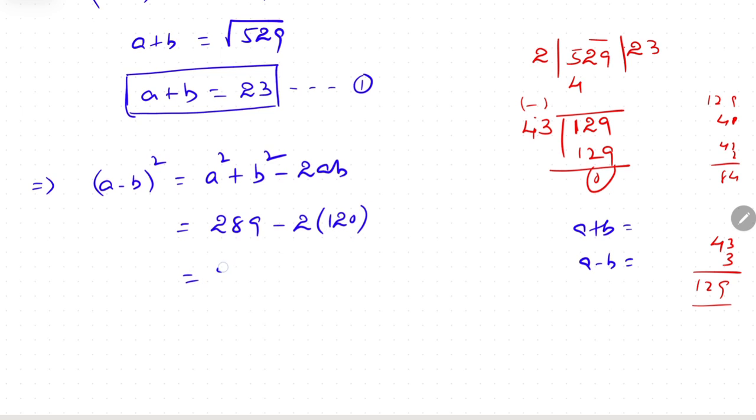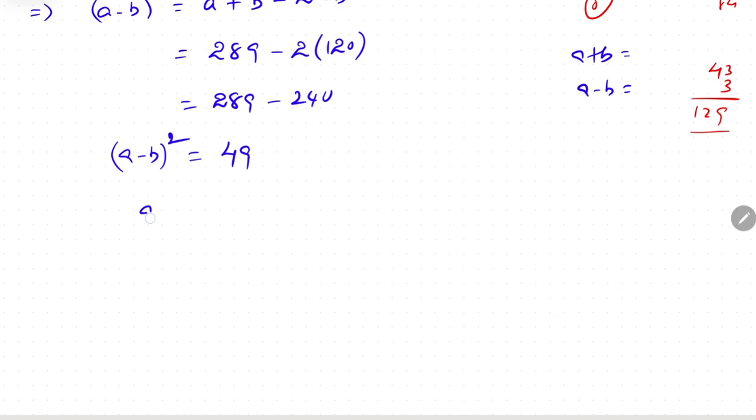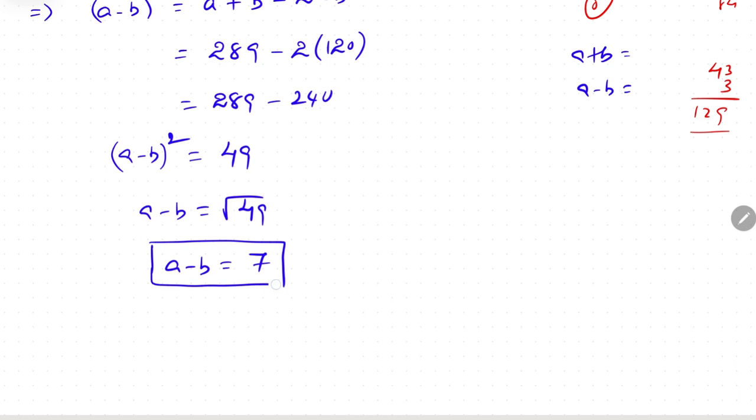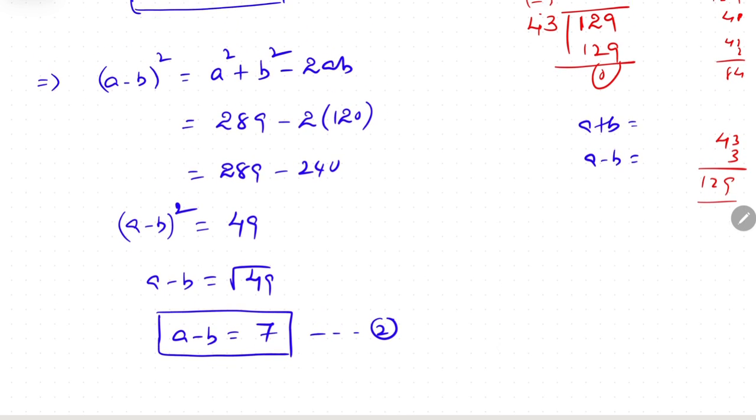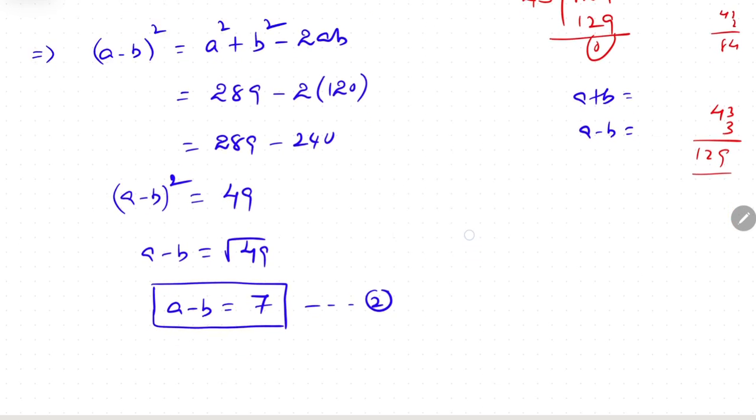So 289 minus 240, therefore we are left with 49. A minus b whole power 2 is 49, therefore a minus b is root 49, which is 7. That is equation 2. So we got the a plus b value and the a minus b value.